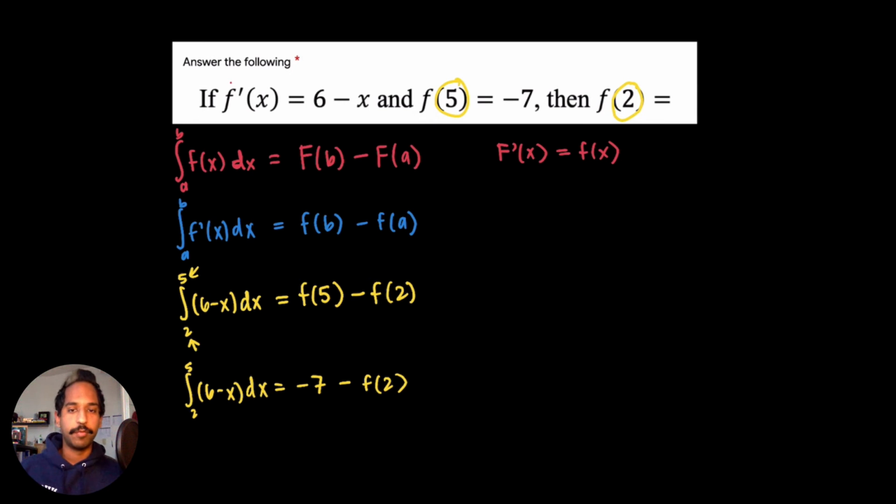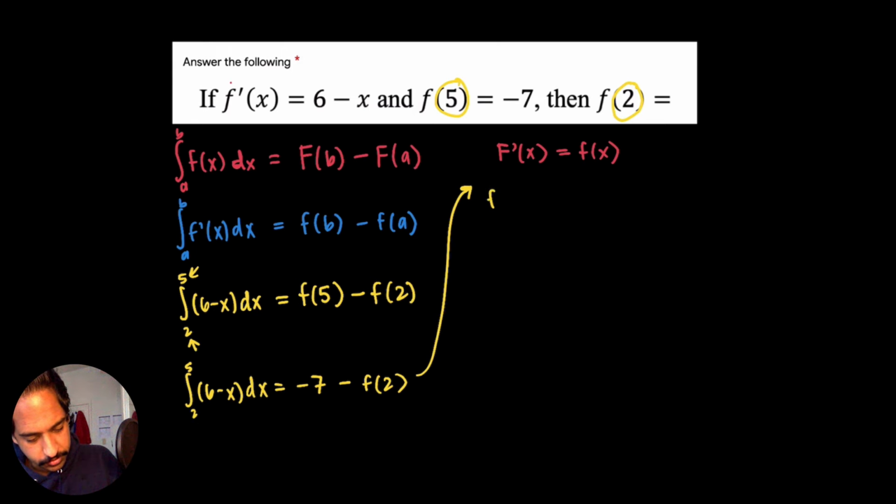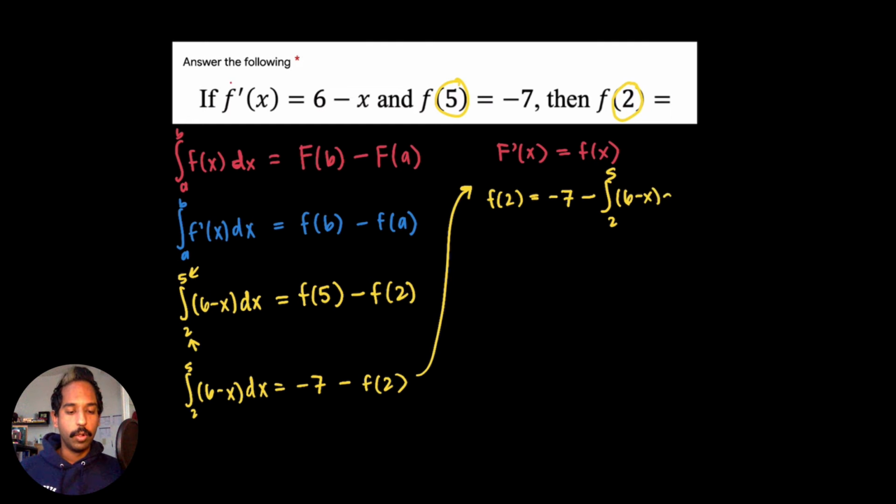I'm going to add f of 2 to both sides and subtract the integral from both sides. So we're going to get f of 2 equals negative 7 minus the integral from 2 to 5 of 6 minus x dx.